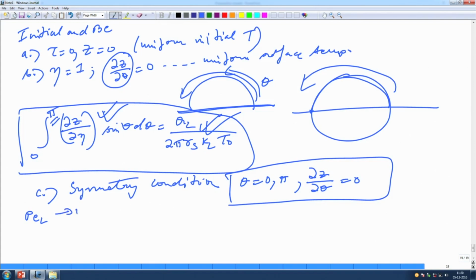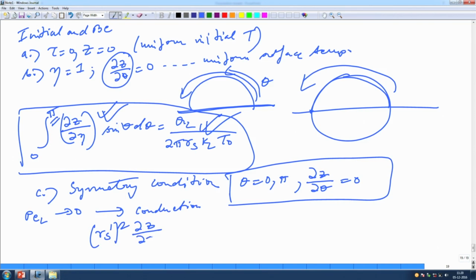When Peclet number approaches 0, that means the flow velocity within the droplet actually goes to 0. This reduces to a conduction problem, approaches a conduction problem. And so, the equation basically gets changed.